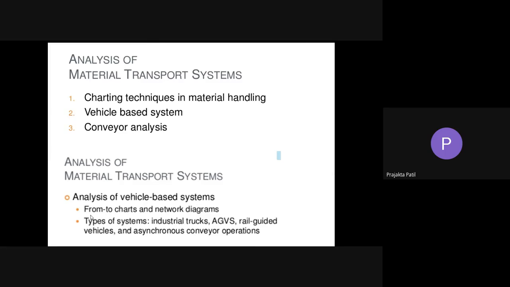They are working on the same principles, but that is also what you have to draw here. You have to show how the part moves from one station to another station. What is the link? What is the pathway that it has to follow? So that is important. And next, you have a set of equations, and based on those equations you have to find out whatever is asked in the problem statement.